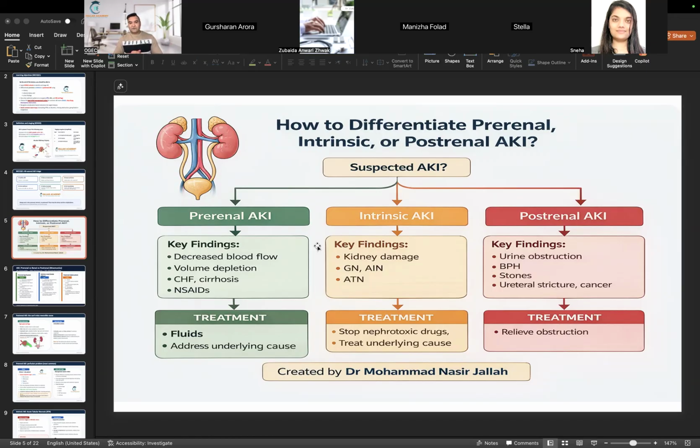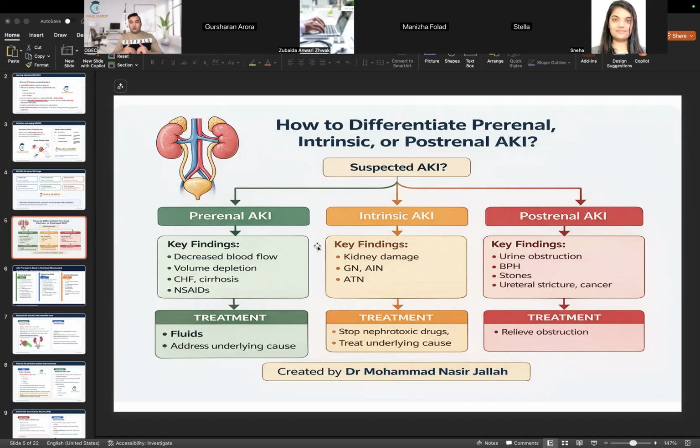For example, they will give you a pigmented granular cast, or they give you, for example, RBC cast, sorry. So these are very specific for acute tubular necrosis, or RBC cast is very specific for glomerulonephritis. So now I know that I'm dealing with a renal type of acute kidney injury.